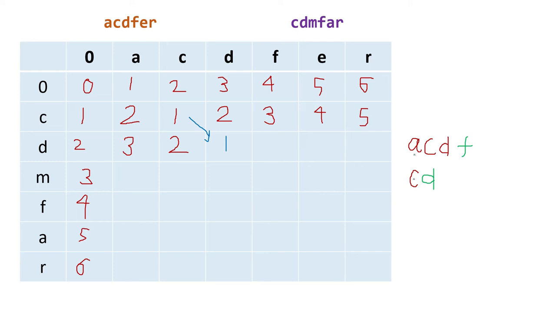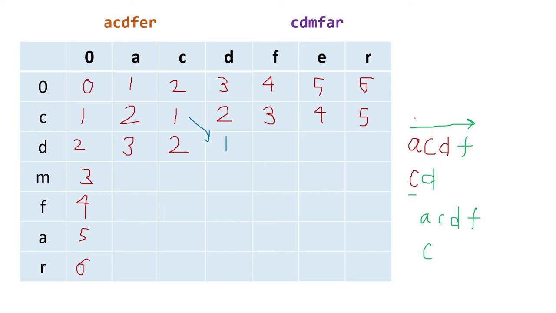Then we have to compare one thing. In the previous case, what is the result between ACDF and C? So between A, C, D, F and C, what was my best result? That I have to check.